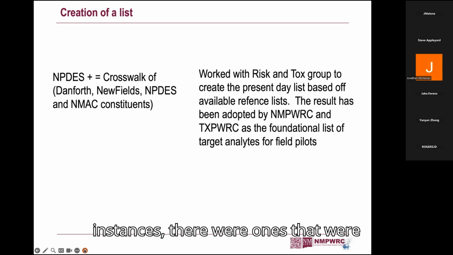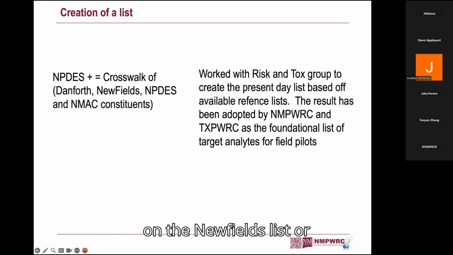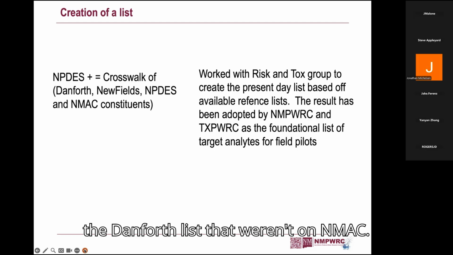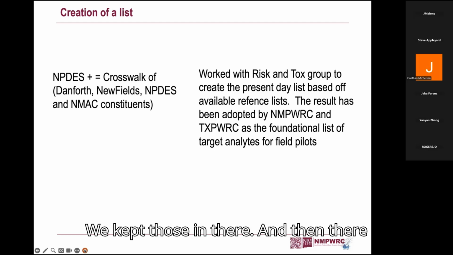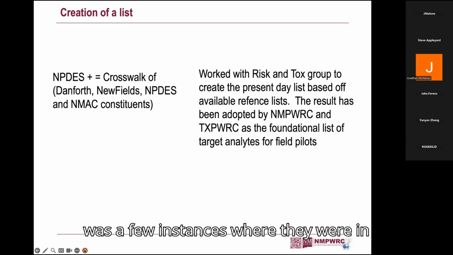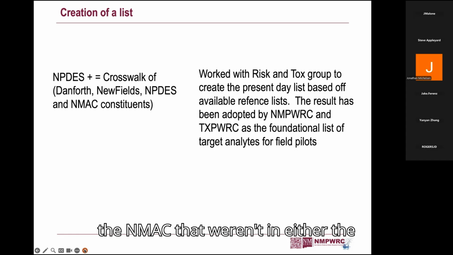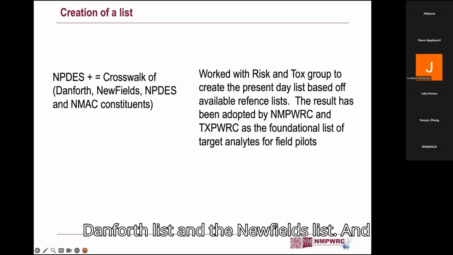In some instances, there were ones on the NewFields list or the Danforth list that weren't on the NMAC. We kept those in there. And then there were a few instances where they were in the NMAC that weren't in either the Danforth list or the NewFields list.